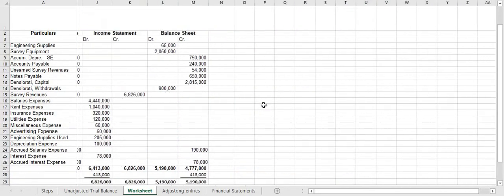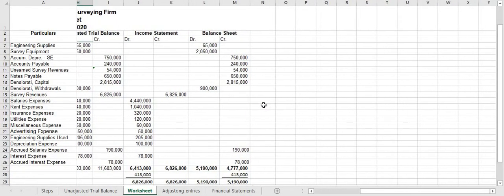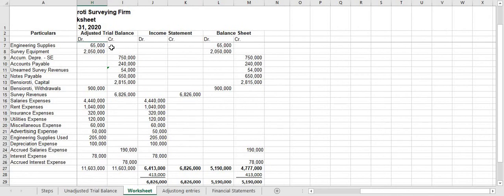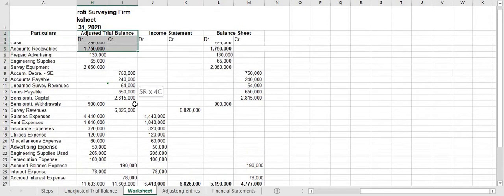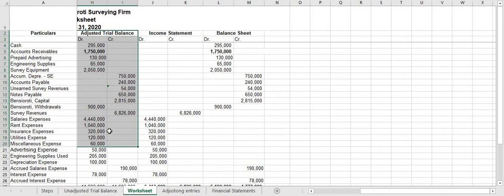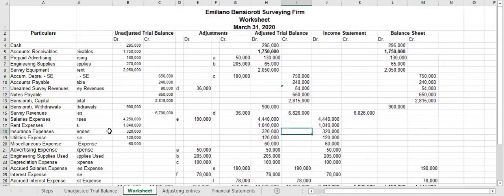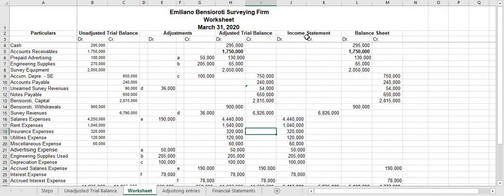Once you have the adjusted trial balance, you have to check first, before transferring the accounts in the adjusted trial balance to either the income statement or balance sheet.